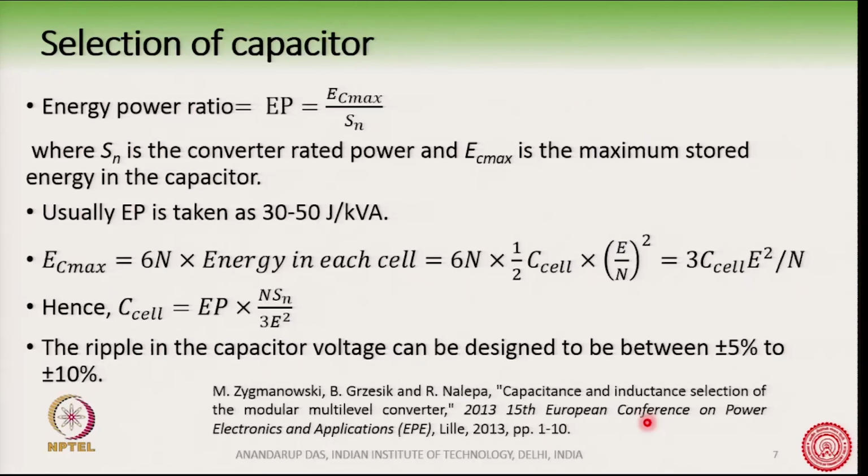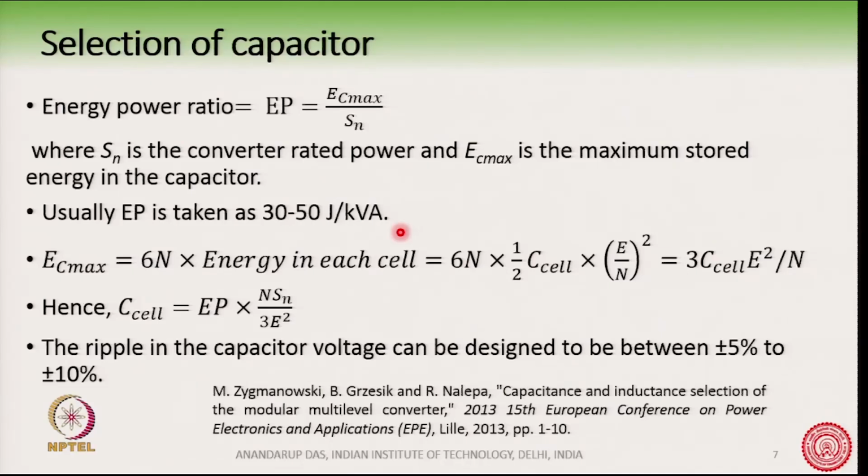From the available literature and from experience, people have taken EP to be a value between 30 to 50 joule per kVA. So, if that value is chosen here, then we will be able to design the capacitance.